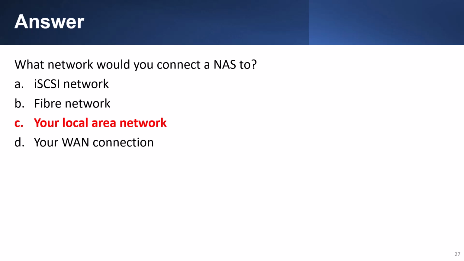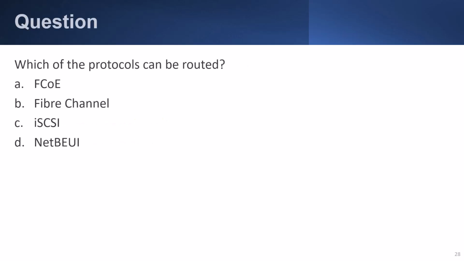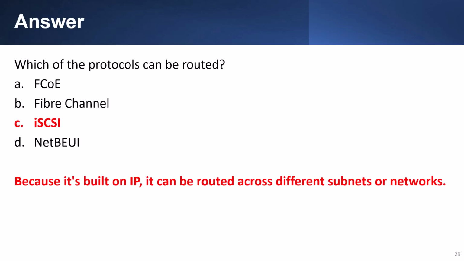Answer: your local area network. Question: which of the protocols can be routed? Answer: iSCSI. Because it's built on IP, it can be routed across different subnets or networks.